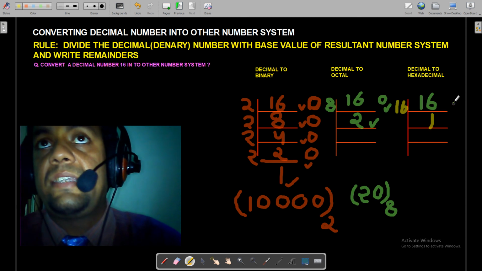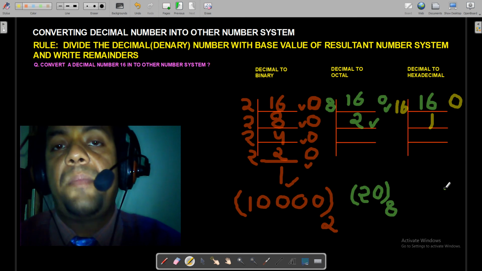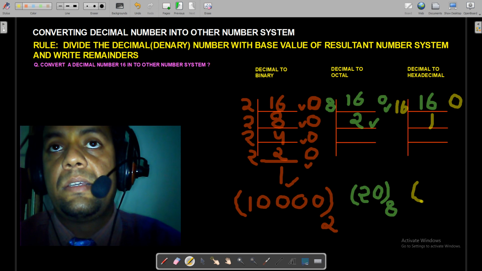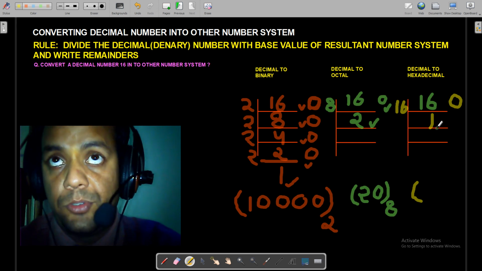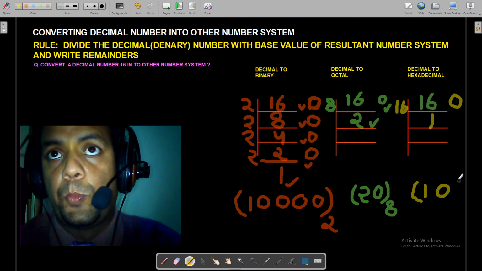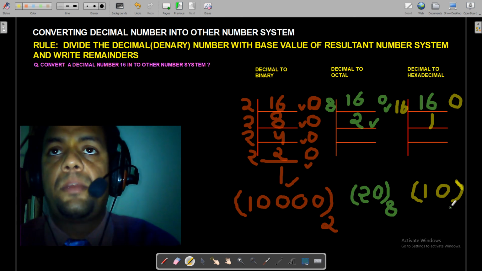Sixteen ones are 16. What is the remainder? 0. 16 ones are 16, so the remainder is 0. I cannot divide further, so the answer is the remainders from bottom to top, 1 and then 0. We write all the remainders in the order bottom to top.